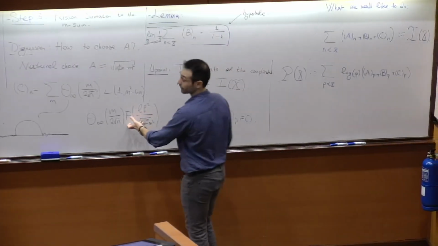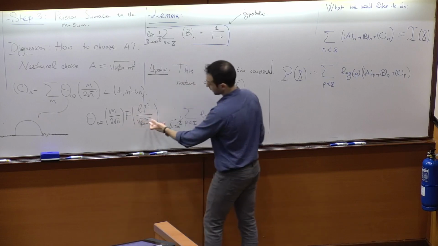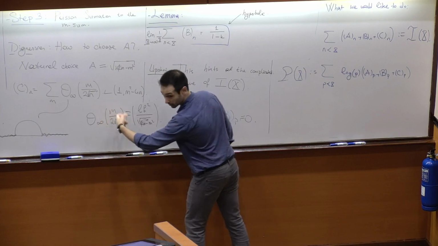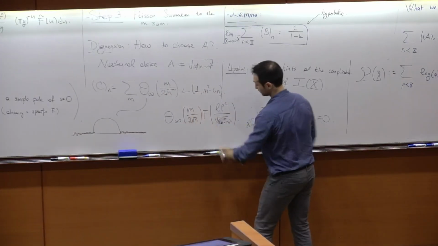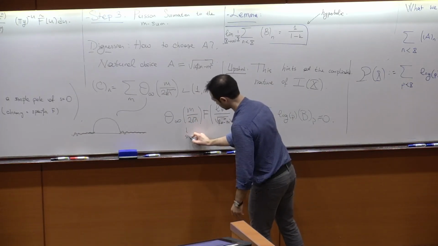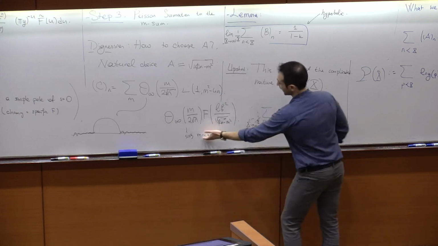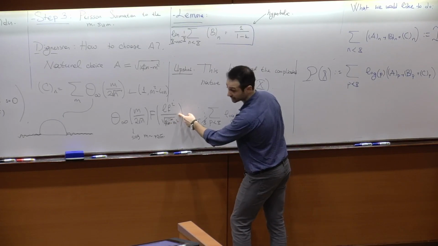So f is very rapidly decreasing at infinity. And this guy has a singularity when the whole thing becomes 1 or minus 1. That means this has a singularity when m is roughly plus minus 2 square root n, at which point this thing becomes 0, so this actually decays faster than any polynomial.